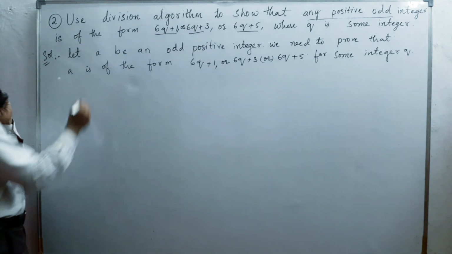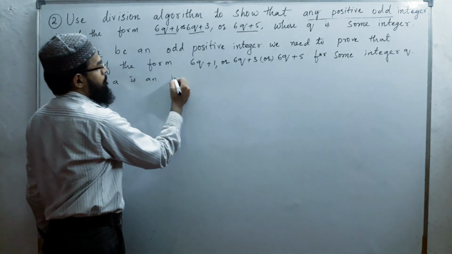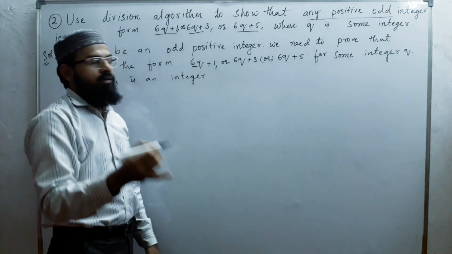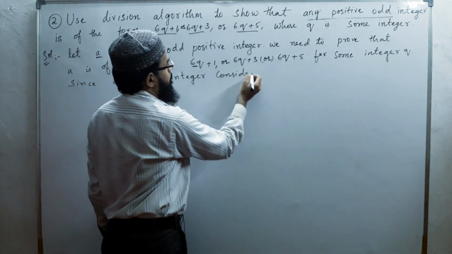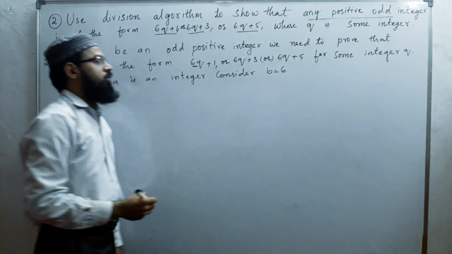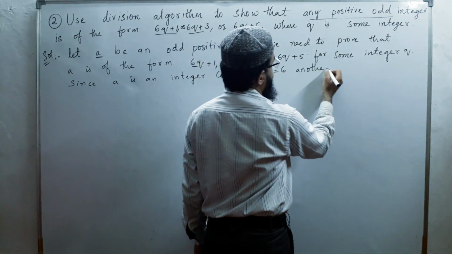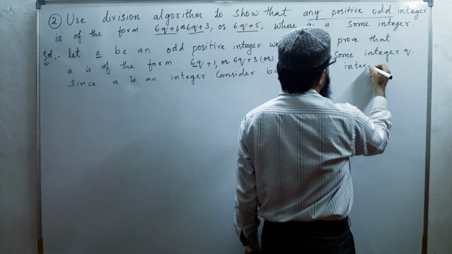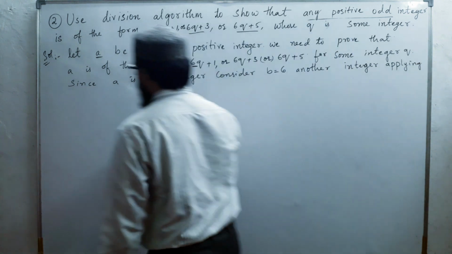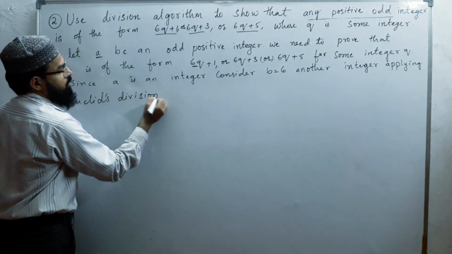For that, we know that a is an integer. We will consider b equal to 6, another integer, applying Euclid's division lemma.